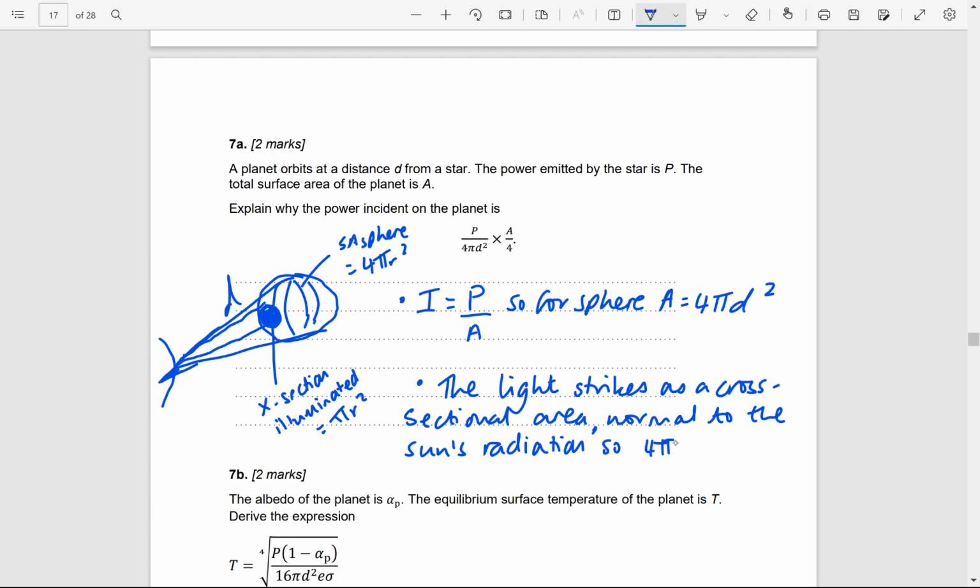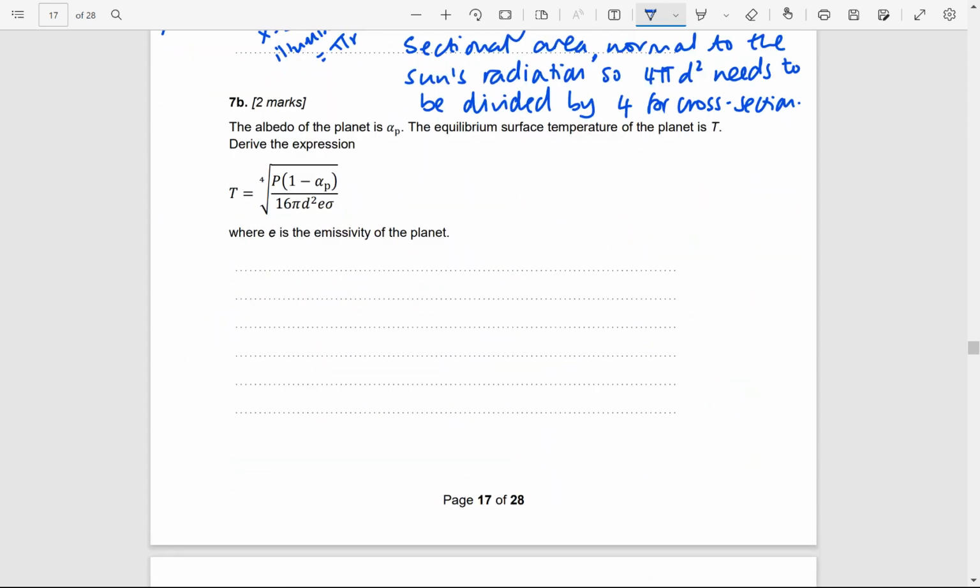So 4 pi d squared needs to be divided by 4 for cross section. As I say, even if you didn't get your 2 marks, you had a really good go at it.